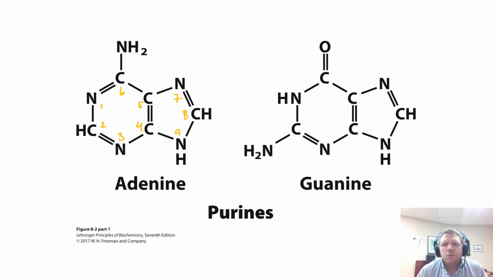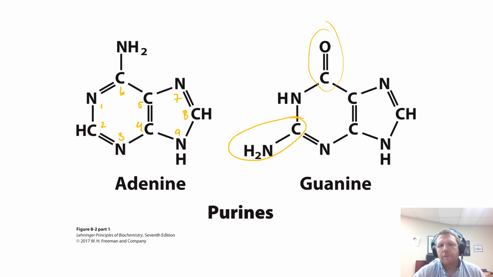So the similarities between adenine and guanine: you've got this carbonyl carbon at position number 6 versus you've got this amide at position number 2. Other than that, though, they're largely very similar to one another.